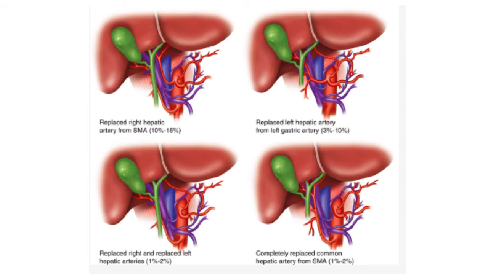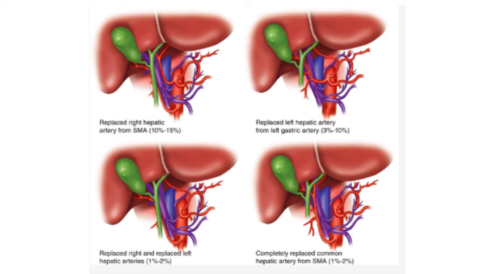A replaced left hepatic artery from the left gastric happens 3 to 10% of the time. A replaced right and replaced left is in about 1 to 2% of the patients, and then a completely replaced common hepatic artery from the SMA can happen in 1 to 2% of the time.